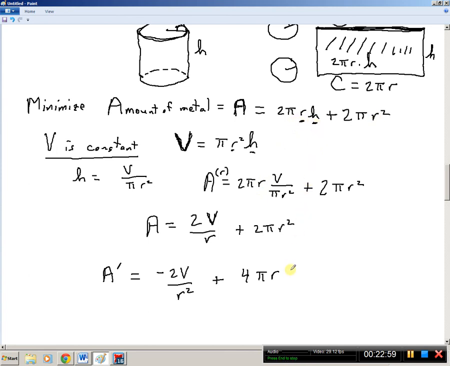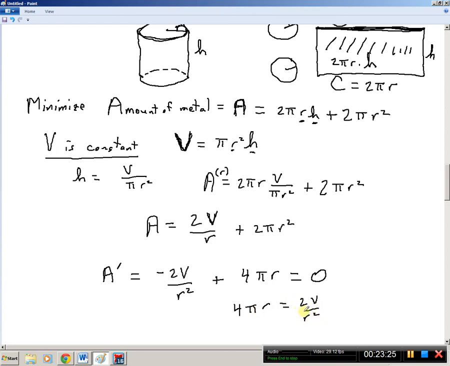All right, so this is the derivative, and I set this equal to 0 to figure out what the critical numbers are. Obviously, r equals 0 is a critical number because it blows this up, but r equals 0 is not in the domain. So that doesn't count. So we set this equal to 0 and solve. I'm going to throw the negative term to the other side. So we get 4 pi r equals 2v over r squared.